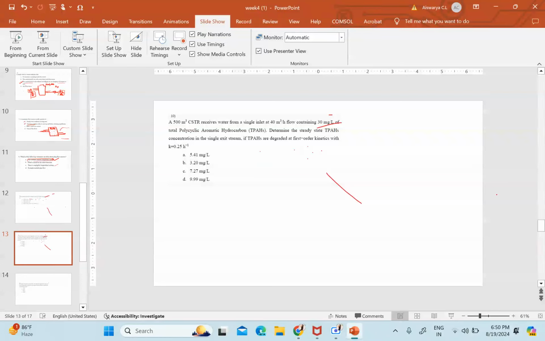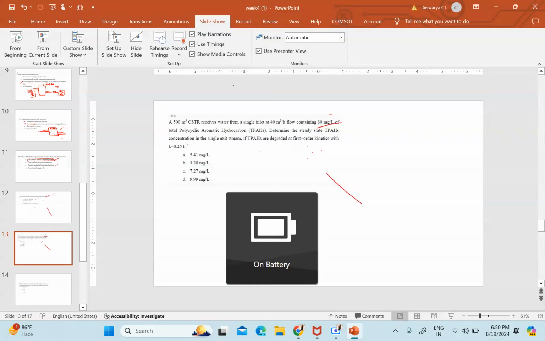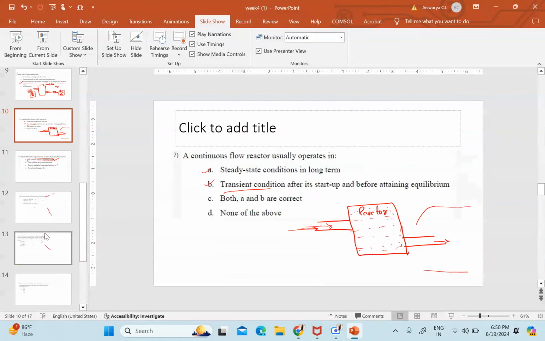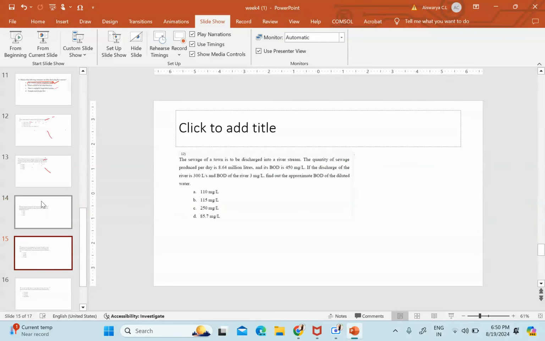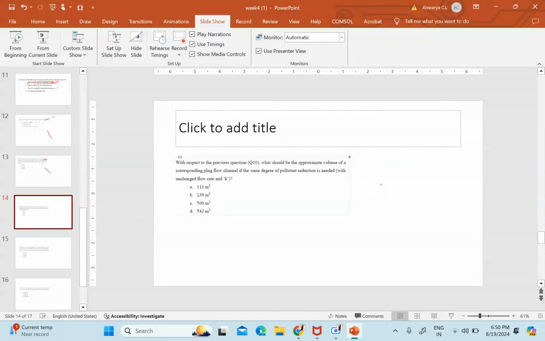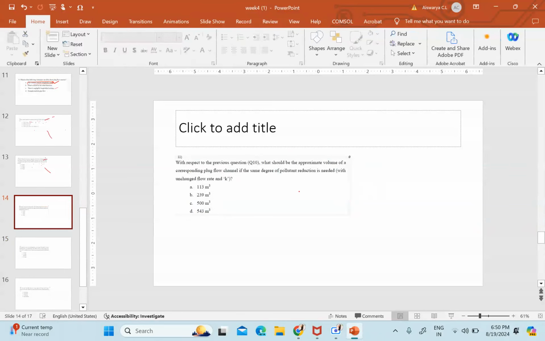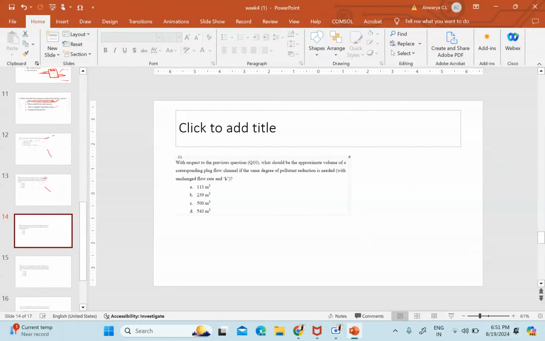I will just increase the size of the question and I will start. Now the screen is not visible. Is the screen visible in this range? No, right? It's very small, right? Just 1 second.